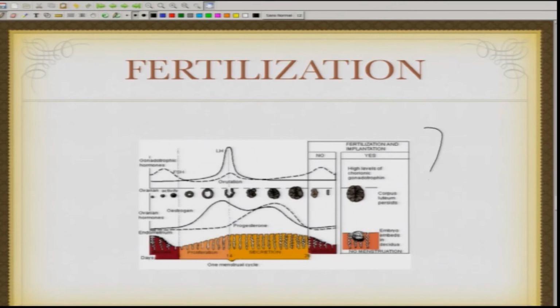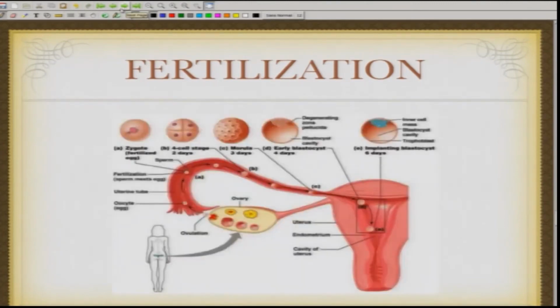And if the fertilization happens at the ovulation phase, this is how the embryo embeds, and the menstrual cycle gets stopped till the process is over. So this is the fertilization.